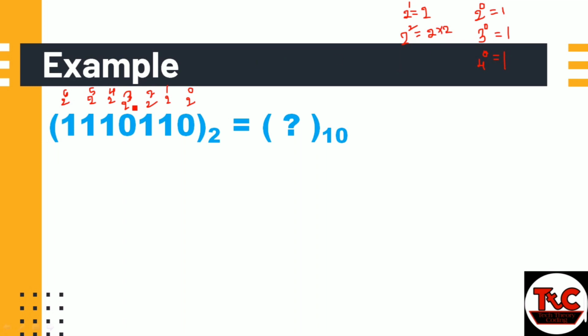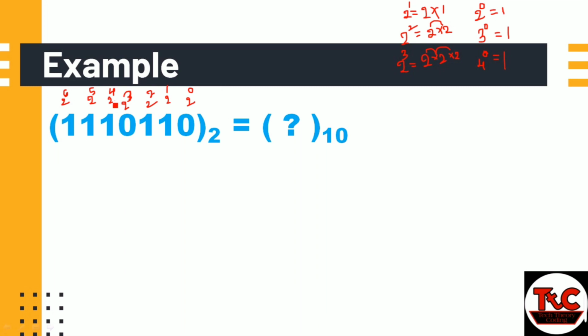What is the value of 2 to the power 3? Multiply 2 three times. What will you get here, students? You will get 2 2's are 4, 4 2's are 8.